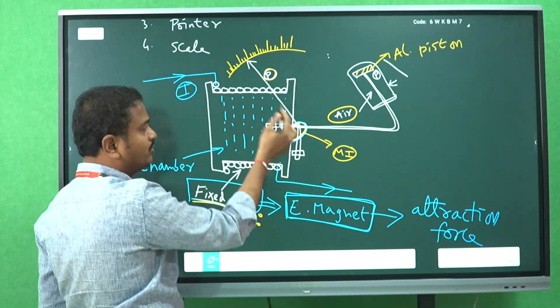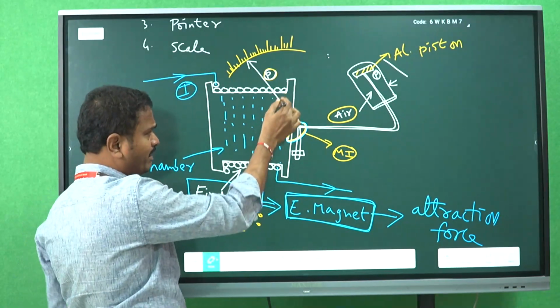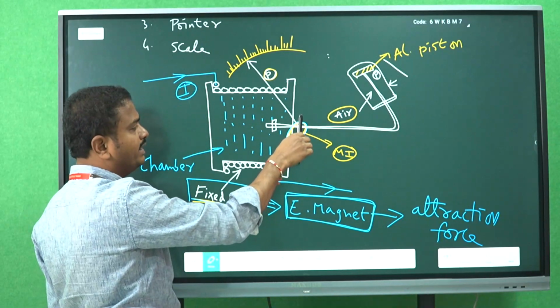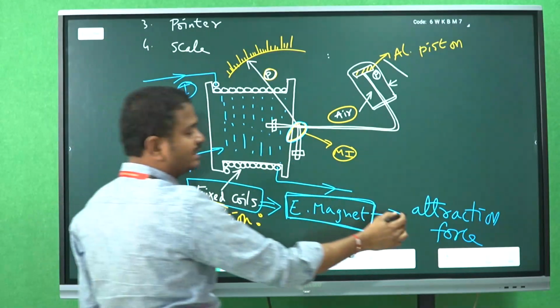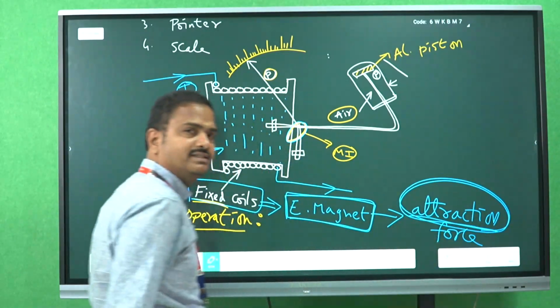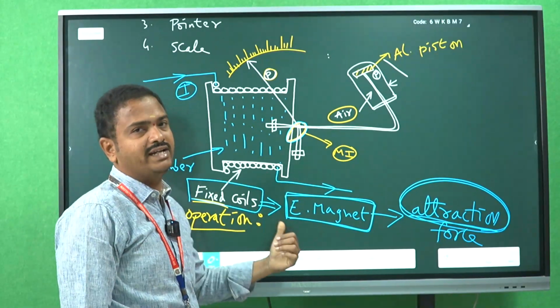Inside the chamber we have stronger field lines. That means an attraction force is exerted on the moving iron piece. Hence it is named the attraction type moving iron instrument.